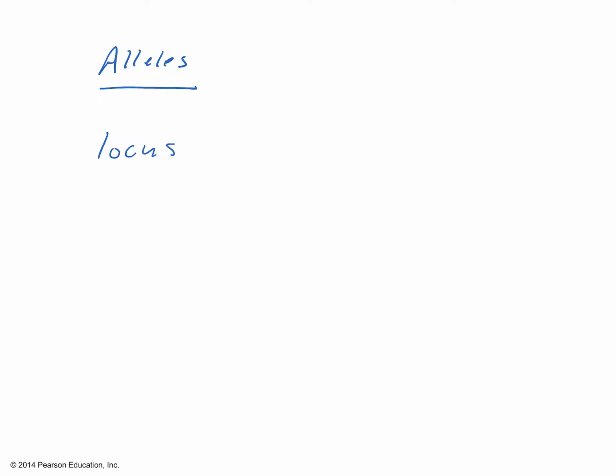And every gene in every organism always has the same locus. So the gene for flower color is found in one spot on chromosome 3, let's say, in peas. Okay, it's always found there. The gene for pod shape, let's say, is always found maybe on chromosome 5 in a certain spot. That's its locus. Okay, all right.